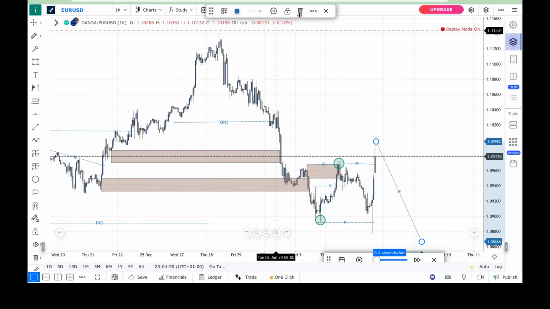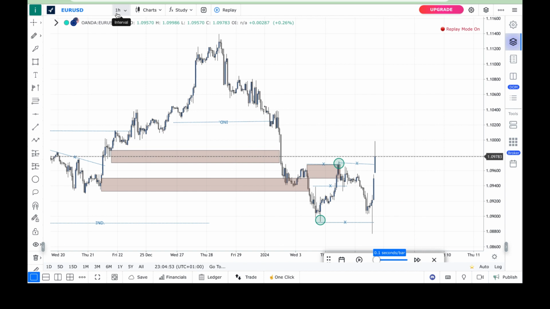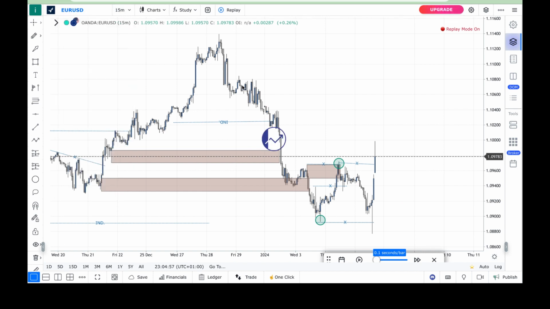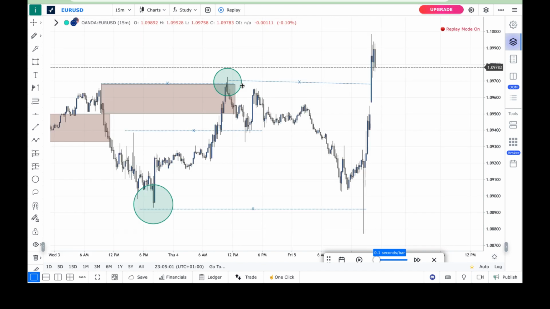Yes, another set of people, because if you switch to your 15 minutes, now people will pick here as a change of character and pick here as the other block.